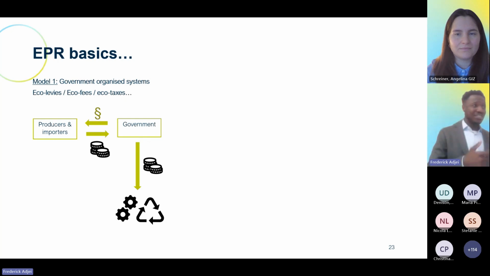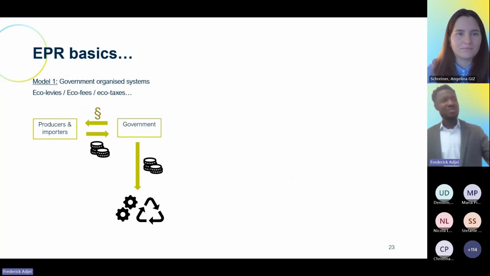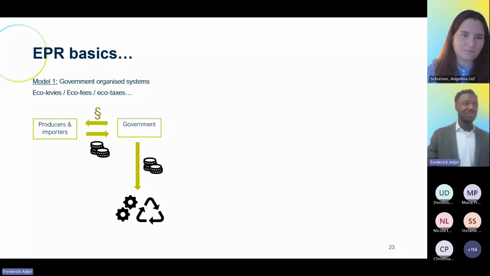They set regulations, they take taxes from producers and importers. Bear in mind, in some countries, there are not so many producers, mostly importers. These are the organizations bringing products onto the market. And then government takes the role of either setting up an agency to handle the end-of-life management of waste, or interested PROs to handle end-of-life management.